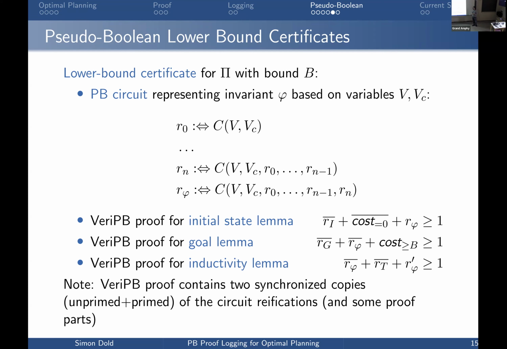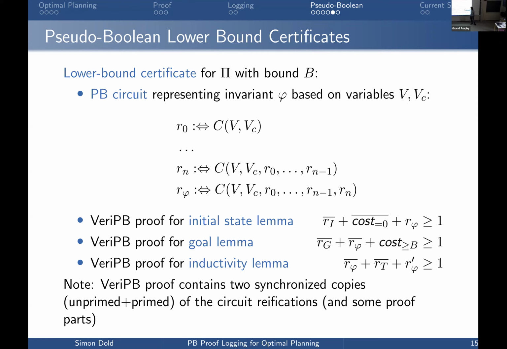And once we have that, we can ask EuroPB to confirm that we have a proof for the three constraints that represent the three properties the invariant should have. That was that the initial state with a cost of 0 is part of the invariant.